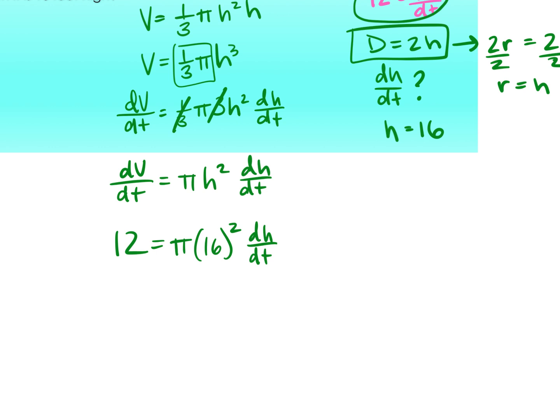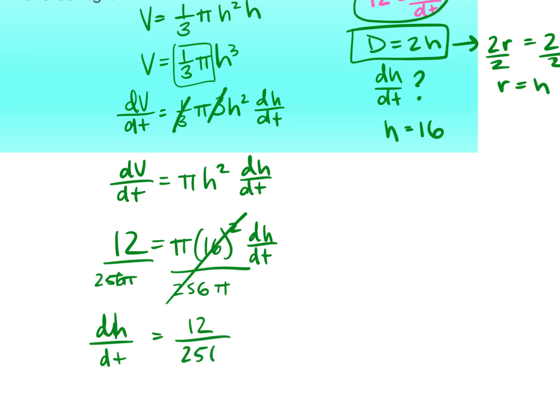From here, we're going to solve for dh over dt, so we can just divide everything. 16 squared would be 256. So we're going to divide both sides by 256 pi. So dh over dt is equal to 12 over 256 pi.